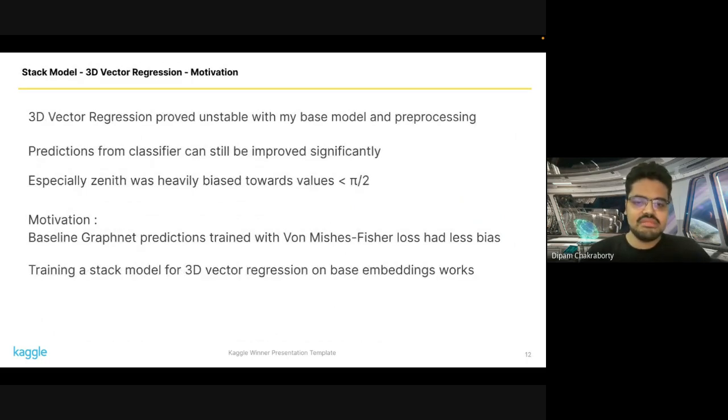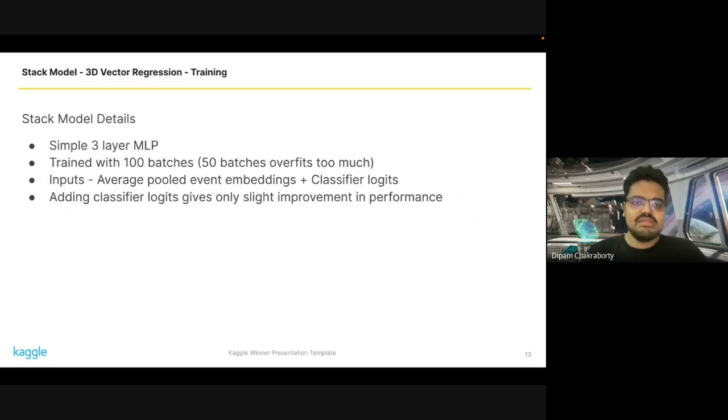So this model, the 3D regressor, was pretty good at doing that. And at first, what I observed was the GraphNet baseline actually had a lower bias for that particular side. So that was my motivation, that if I can fine tune on top of the transformer, then it might be helpful, and it was. And training this was pretty simple. It's a simple MLP, and I just train it for way more epochs overall.